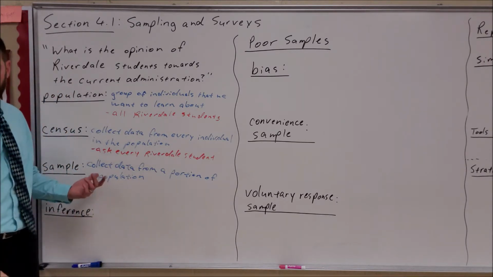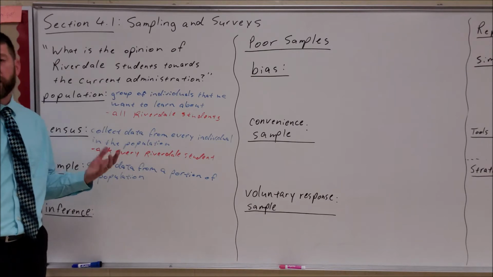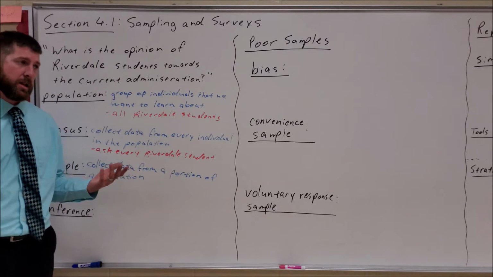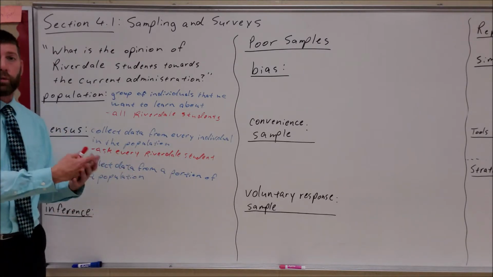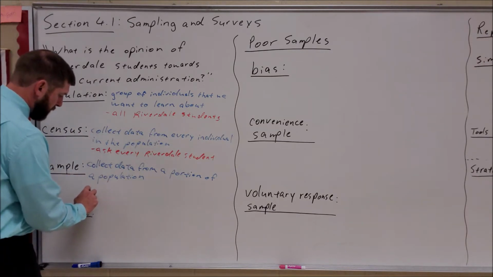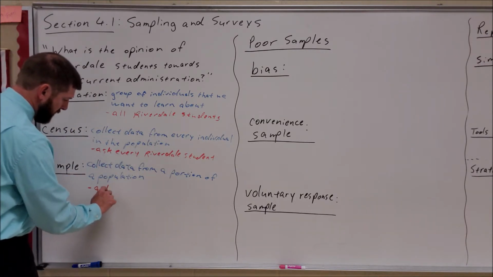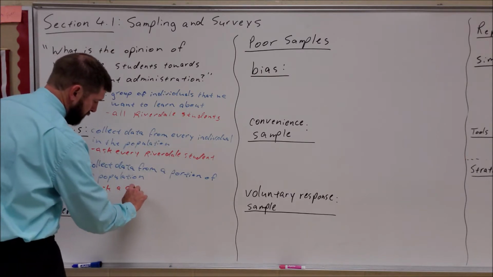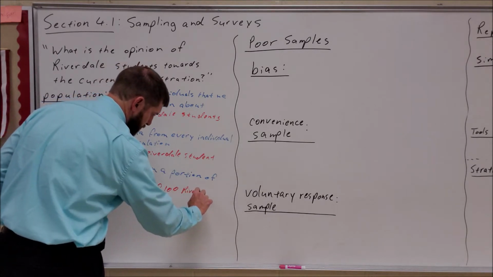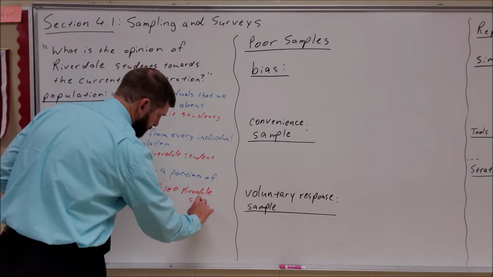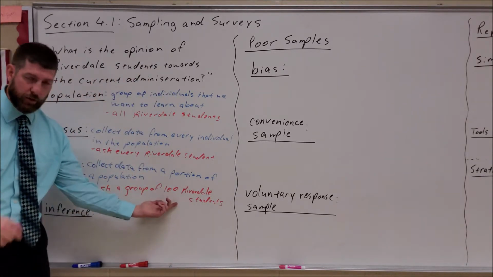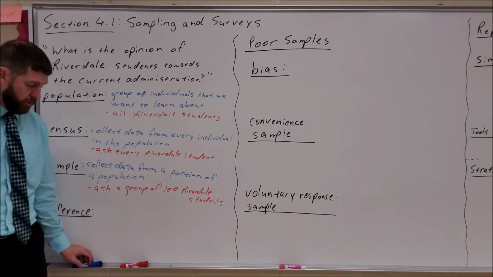Riverdale has about 2,000 students at the moment. I think we could get away with saying 100 students would give us a pretty good idea. If we get the right 100 students, we could get a pretty good idea of what all Riverdale students are thinking. So we could just ask a group of 100 Riverdale students. We don't need to talk to everybody. If we do a good job of getting those 100 students, we can actually learn a lot about the population.